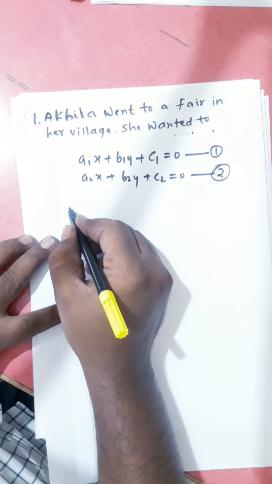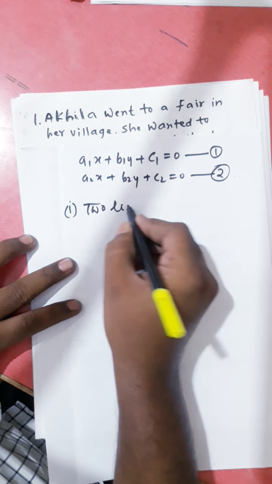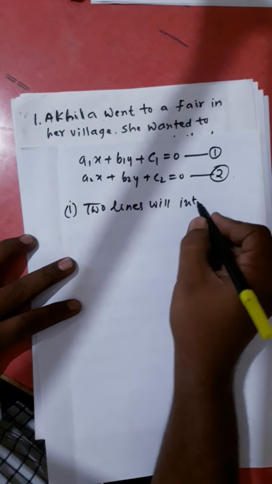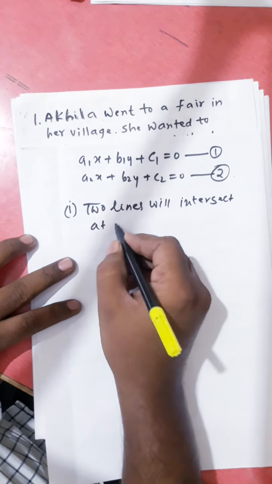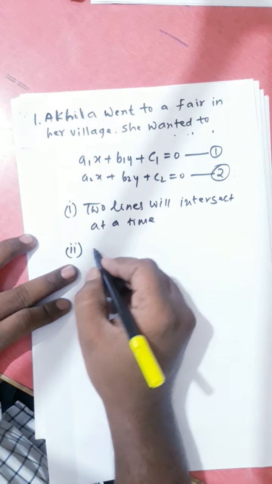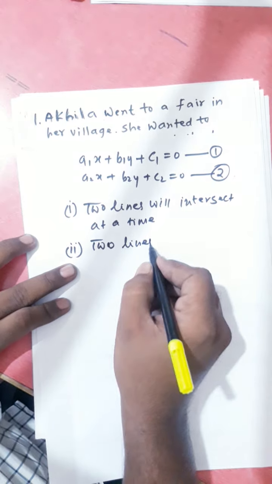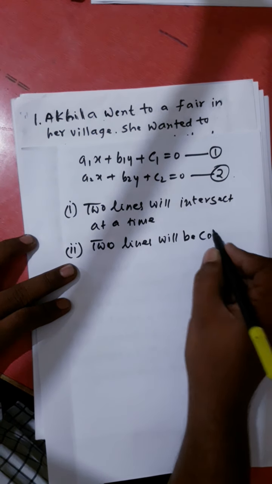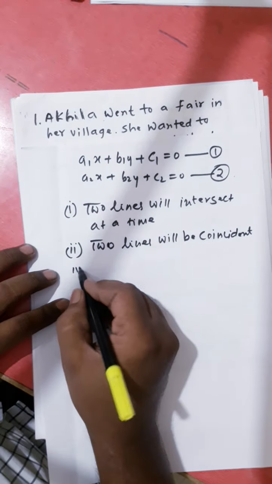One possibility is two lines will intersect at a point. The second possibility is two lines will be coincident, one line overlapping the other line.